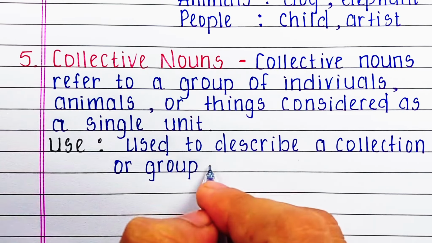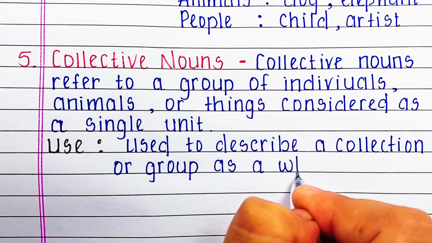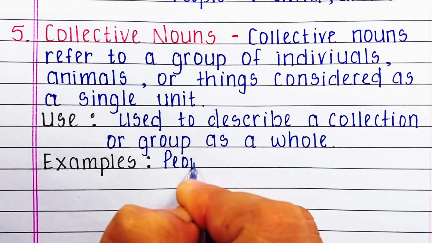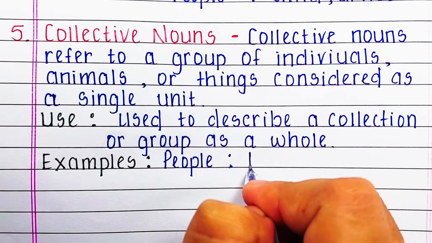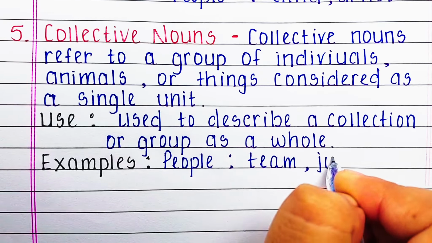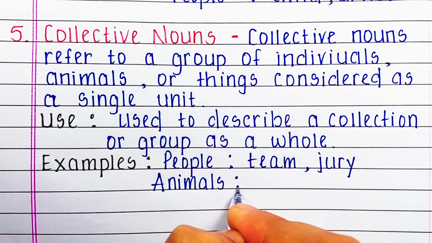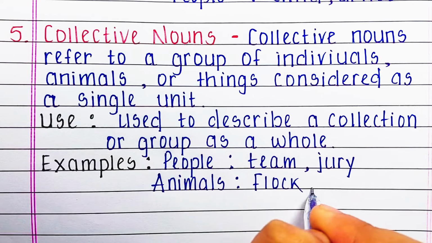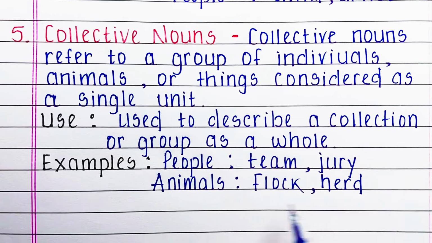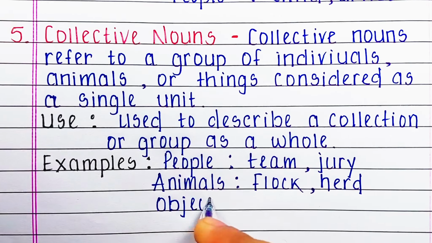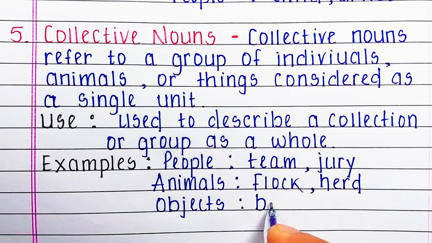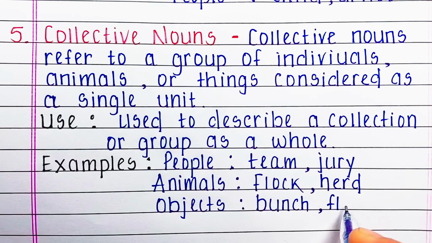Use: it is used to describe a collection or group as a whole. For example, people like team or jury. In animals, to describe a group of animals, we use words like flock and herd. To describe a group of objects, we use words like bunch or fleet, etc.